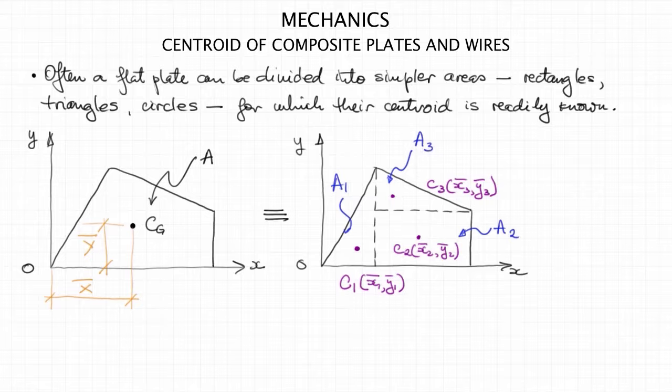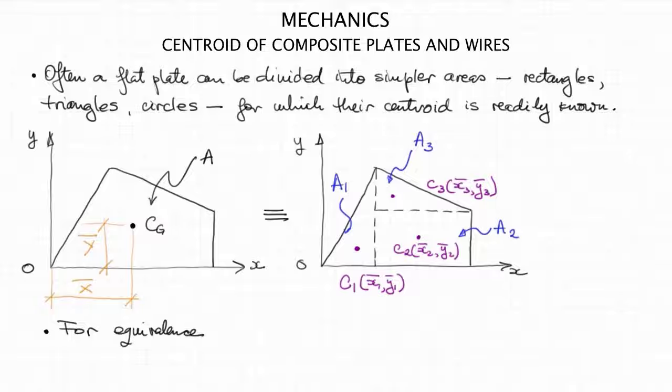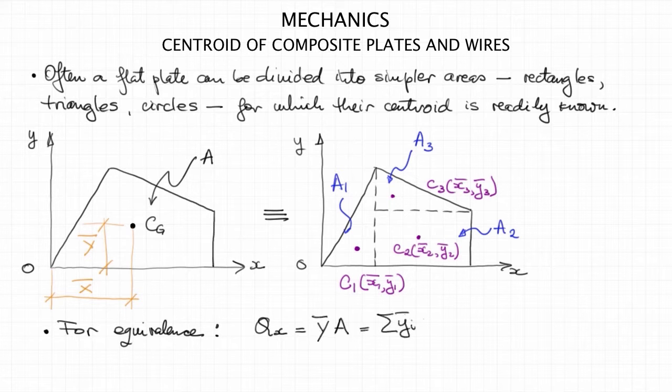And then for equivalence of these two systems, we have to apply the same equations as before, but now, because we don't deal with infinitesimally small elements but with larger defined areas, we can replace the integrals with summations.